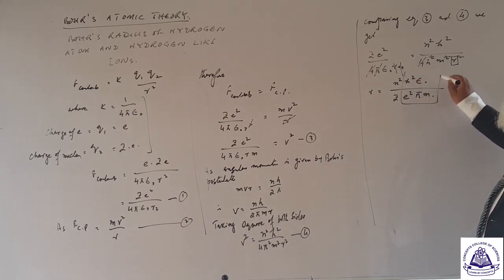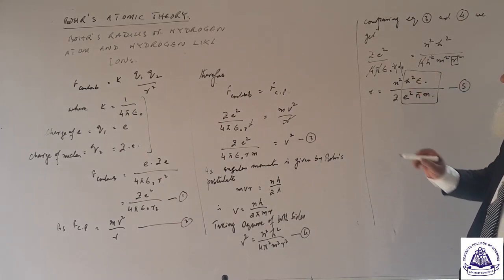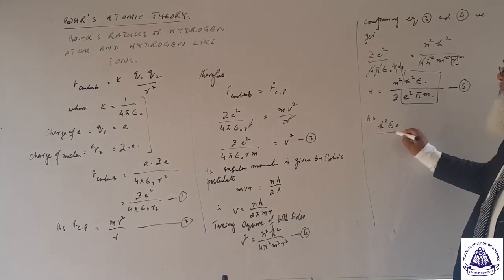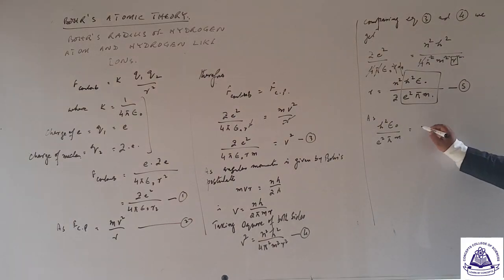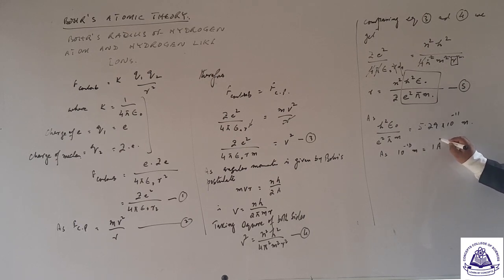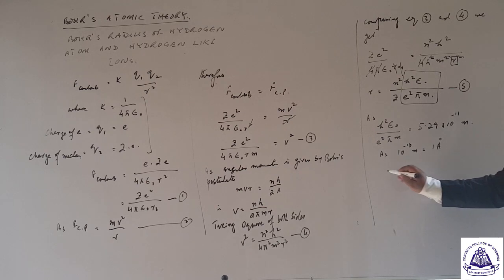All these values are constants: h square epsilon naught over e square pi m is equal to 5.29 into 10 raised to power minus 11 meters, as 10 raised to power minus 10 meters is known as angstrom.